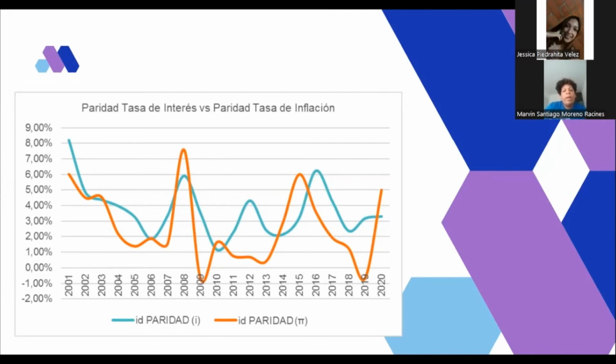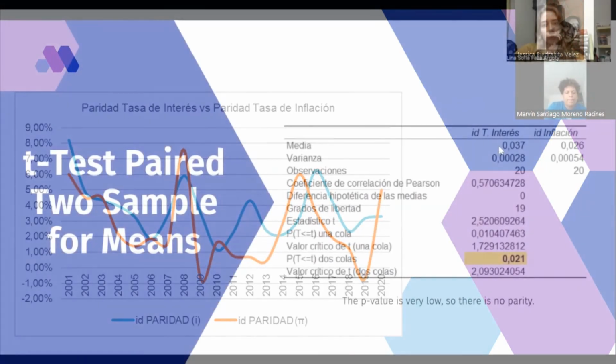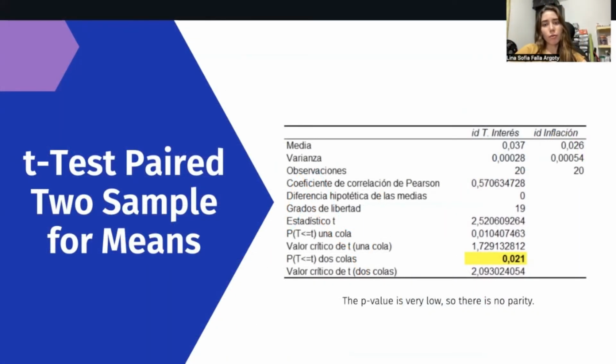The following is an explanation to understand the similarity of the different parities between both countries, which in general terms have been increasing. So graphically, it could be said that there is parity. Continuing, we performed the t-test paired two-sample for means.